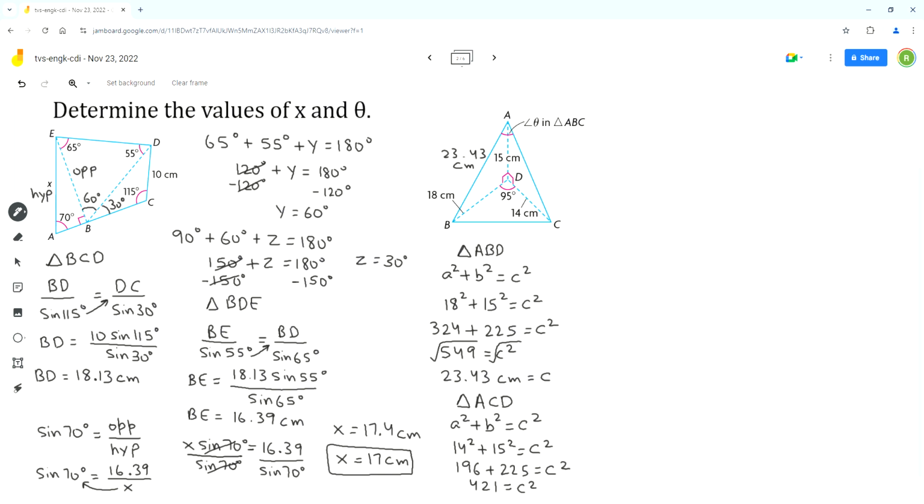Now we can apply square root to both sides. I get C equals 20.52 and the unit is centimeters. So this is the length of side AC.